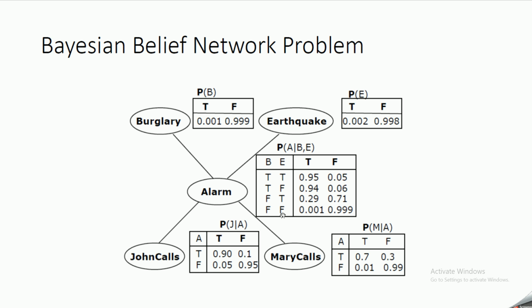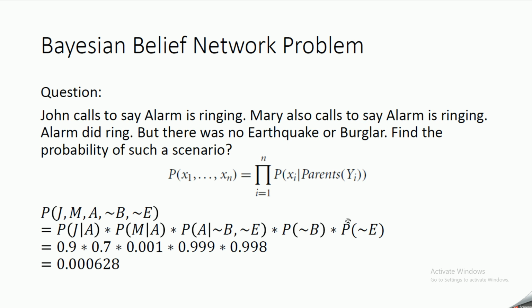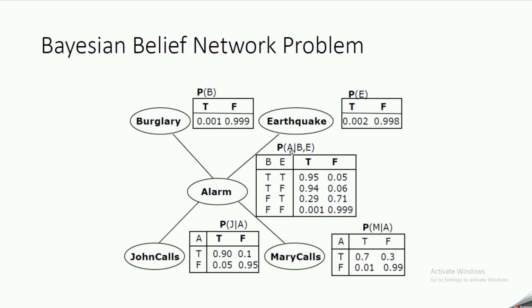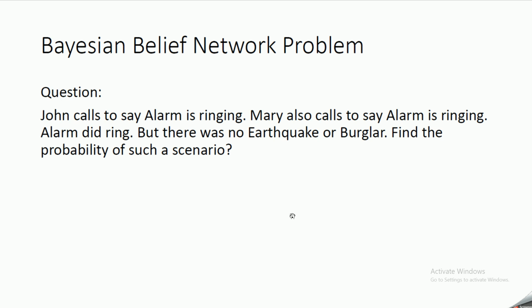So basically what will happen in that case over here? This is for 0.01 and 0.999. Because the alarm rings, but we are considering the negation, that is why we consider the false condition and the respective values under the false condition.